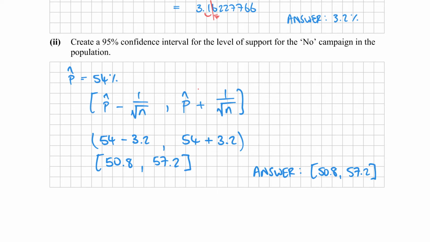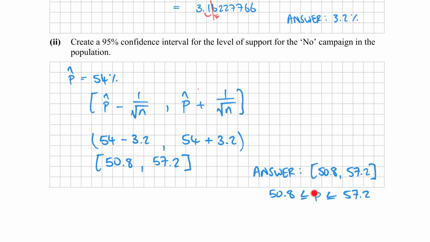And just so you're aware, sometimes they write this as 50.8 is less than or equal to the population proportion, which is less than or equal to 57.2. And all that means is that the confidence interval, if you got 50.8, it would be correct. Anything between 50.8 and 57.2 is correct. That's all the interval is actually telling us.